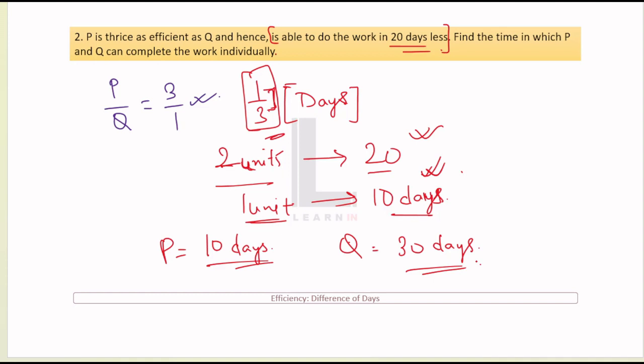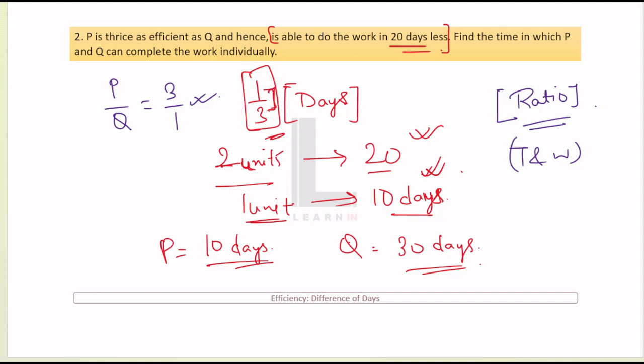This is the answer, right? These are fairly the concepts of ratio and proportion, not work, but there is a tinge of information that we need to apply in time and work to do these questions.